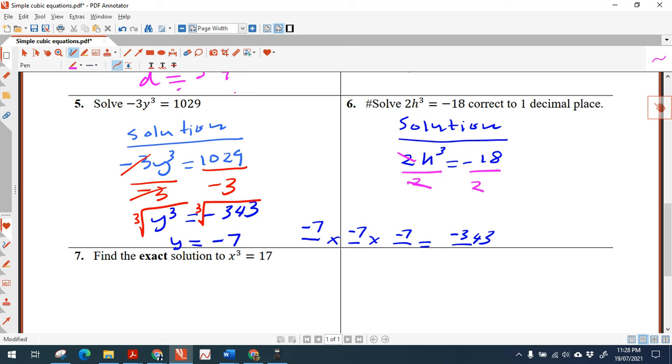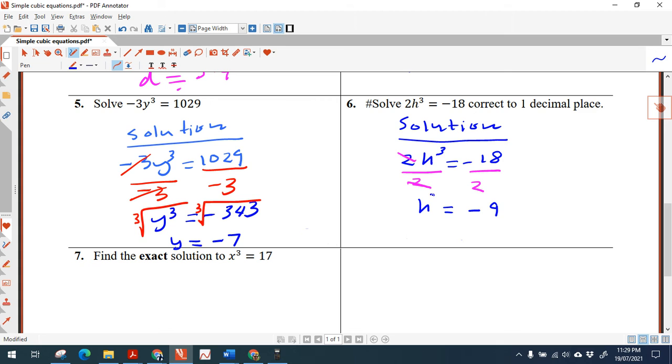That cancels. And you're left with h cubed equals negative 9. Let's just create a bit of room down here. By the way, it's not squared, is it? It should be cubed. So we'll just get rid of that. That should be power of 3.